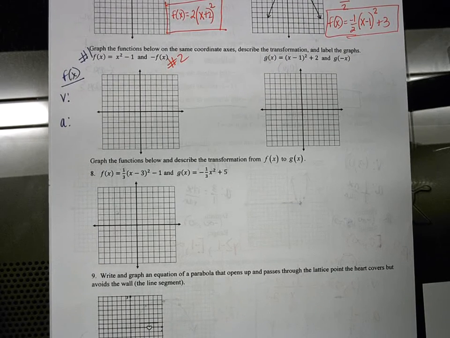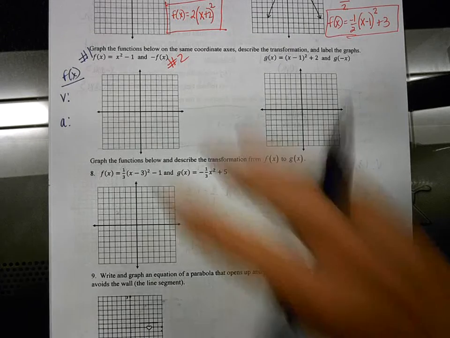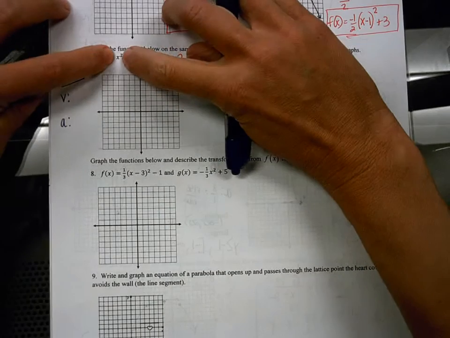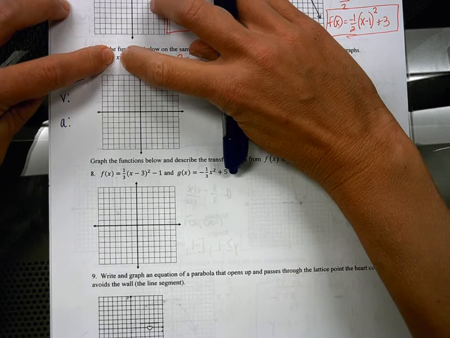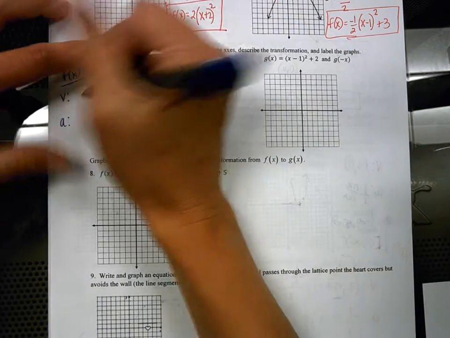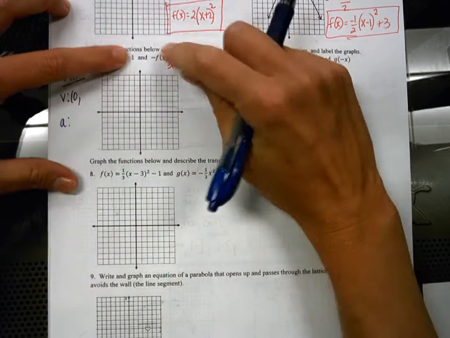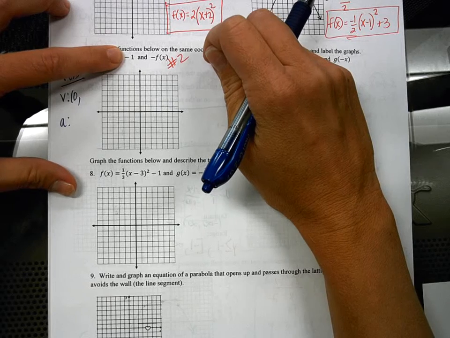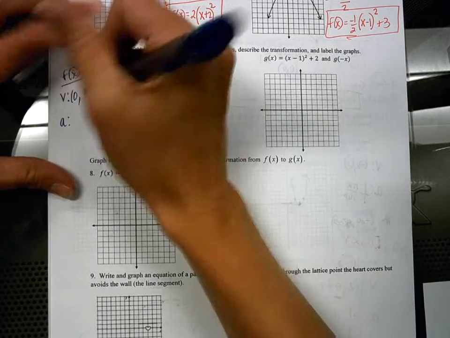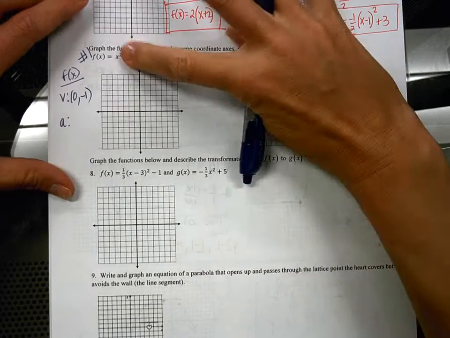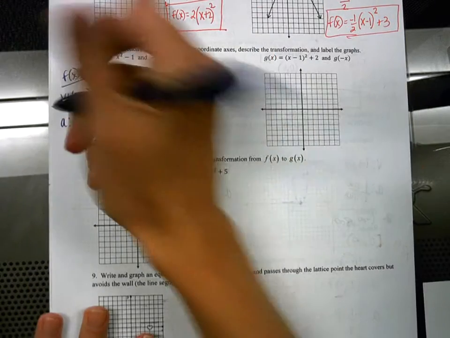What is being added or subtracted with the x squared? Very good, 0 is correct. And then what is my y value? Negative 1 is correct. And what is my a value? What's in front? 1 over 1, perfect.